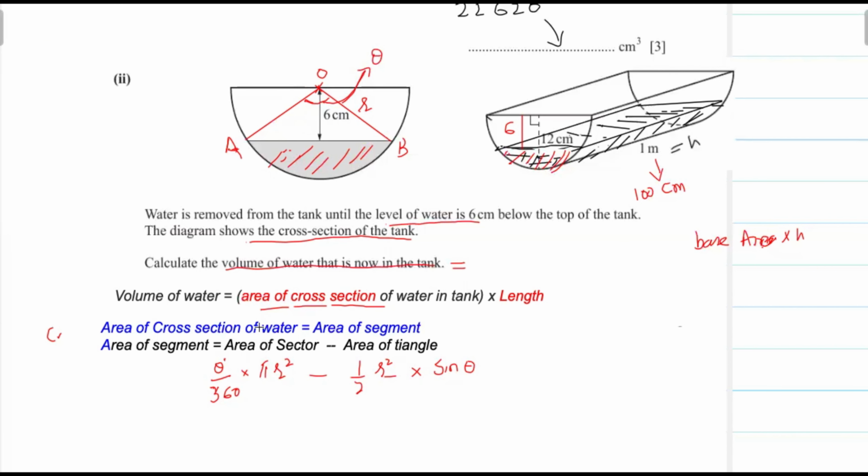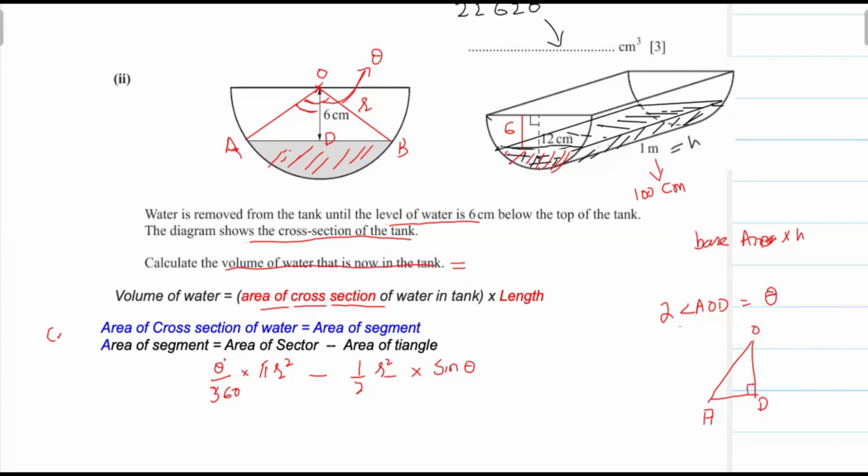We can calculate this angle theta if we calculate the angle AOD. 2 times angle AOD will be equal to angle theta. And this AOD we can calculate. Look here, this is the right angle triangle ADO.